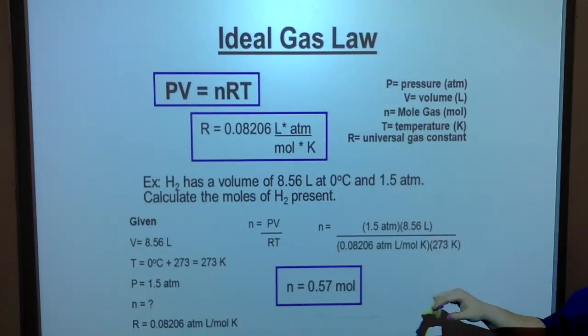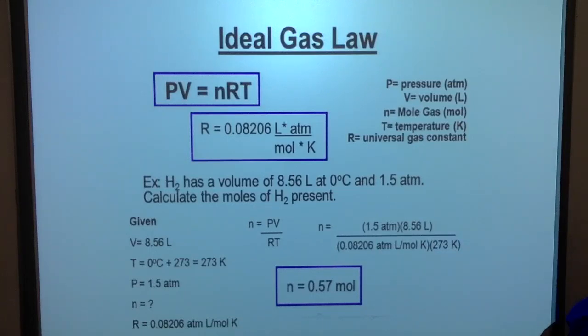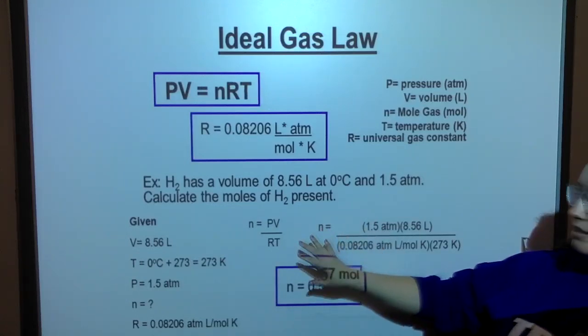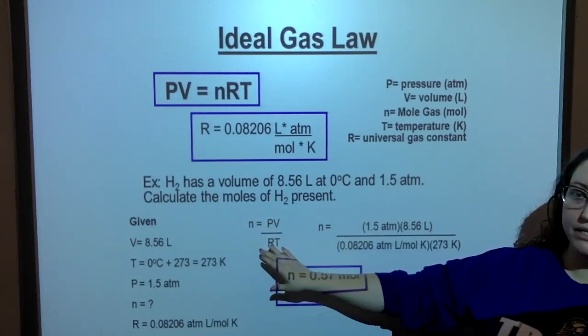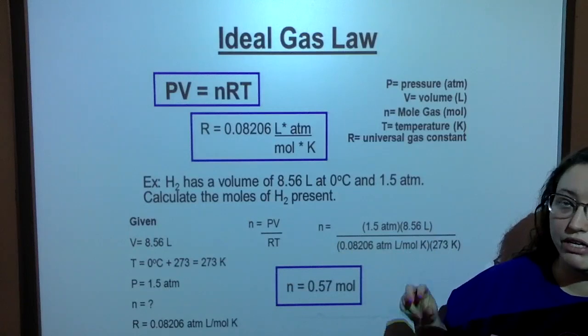So in this example, hydrogen gas has a volume of 8.56 liters at 0 degrees Celsius and 1.5 atmospheres. Calculate the moles of hydrogen that are present. In this example, they went ahead and reworked this formula so that you're just solving for N right off the bat. You can just plug and chug.